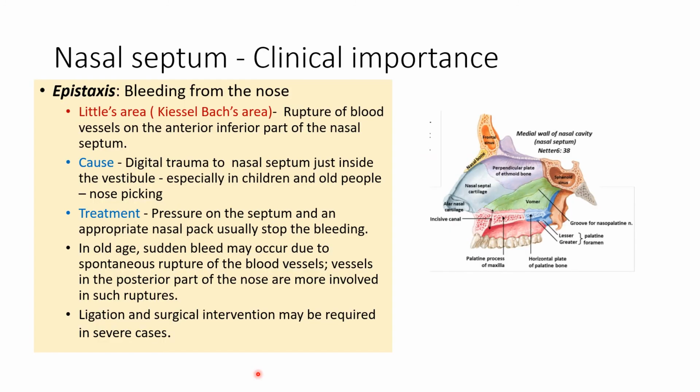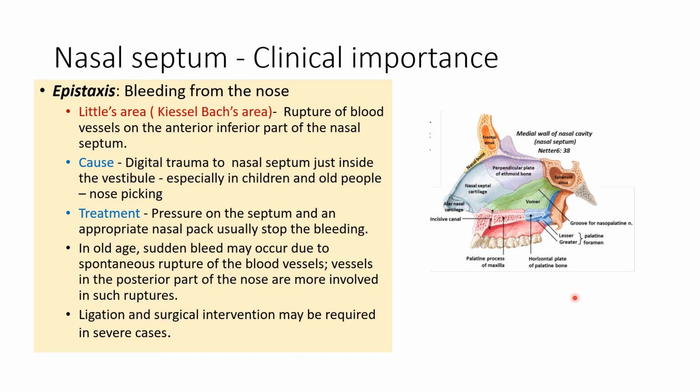The other clinical importance of nasal septum is bleeding from the nose, which is also known as epistaxis. The Little's area, that is antero-inferior part of the nasal septum, is the commonest area for bleeding, and this area is known as the Little's area or Kieselbach's area, where we have studied about the Kieselbach's plexus.